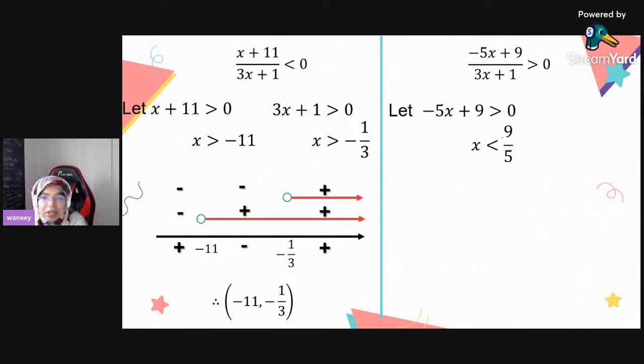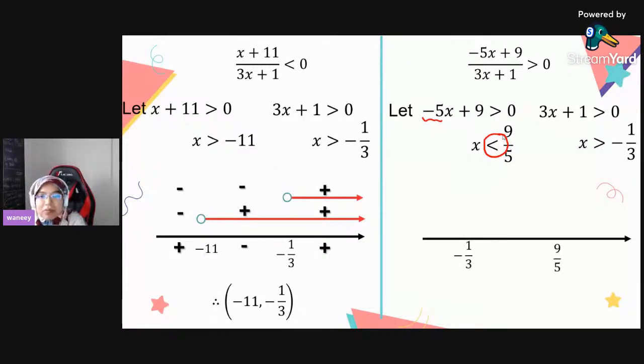Again, I should remind you, we should flip the sign because we are dividing with negative 5. Bring 9 to the right, it becomes negative 9, then divide with negative 5, that is how it becomes 9 over 5. Then take your denominator, let it be greater than 0 as well. So x will be greater than negative 1 over 3.